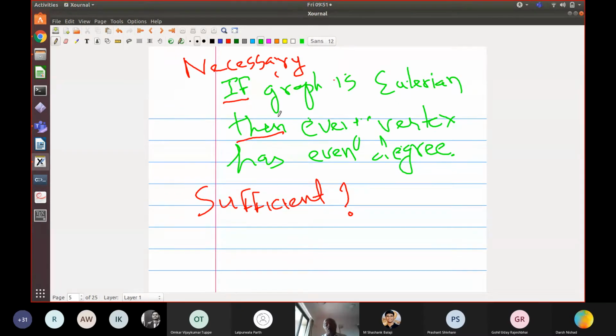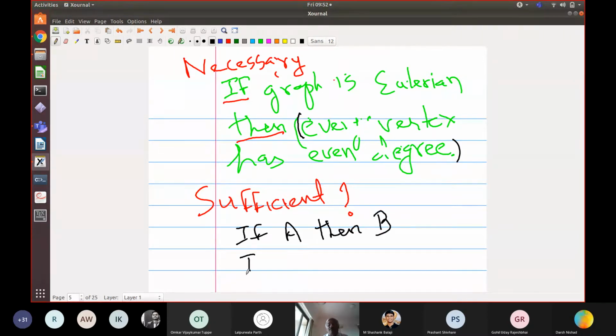Converse means what? Whatever we give after then becomes the part of it. This statement is of the form if A then B, right?